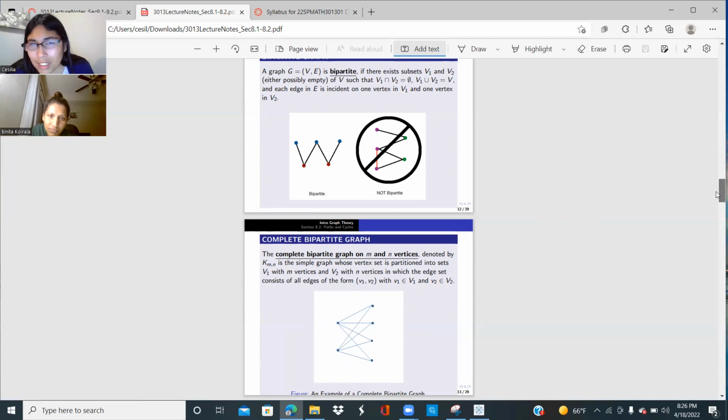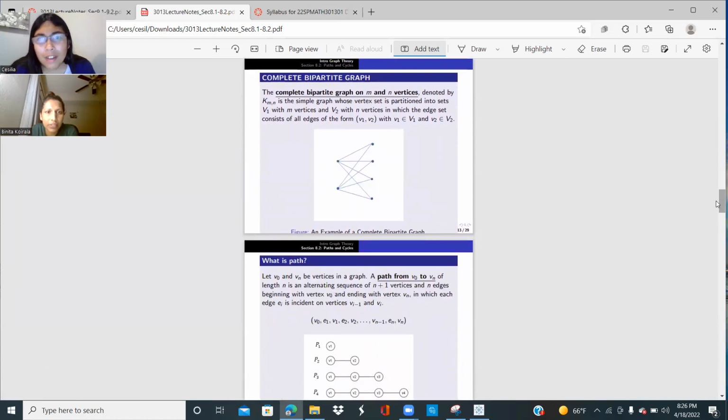All right, let me slide down. Complete bipartite graph: the complete bipartite graph on M and N vertices, denoted by K sub M N, is a simple graph whose vertex set is partitioned into sets B sub 1 with M vertices and B sub 2 with N vertices, in which the edge set consists of all edges of the form B sub 1, B sub 2 with B sub 1 in B sub 1 and B sub 2 in B sub 2.